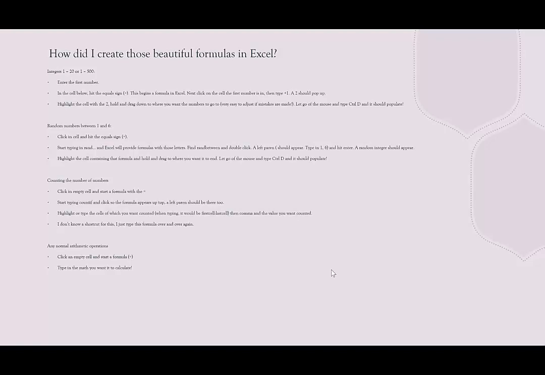These are the various ones I used when creating my random numbers: the integers 1 to 20, the random numbers between 1 and 6, which is the equivalent of rolling a die, counting the number of numbers, and then any other normal arithmetic operation. If you want this, you can pause the video, or you can email me if you know my email address, and I'd be happy to send it to you.